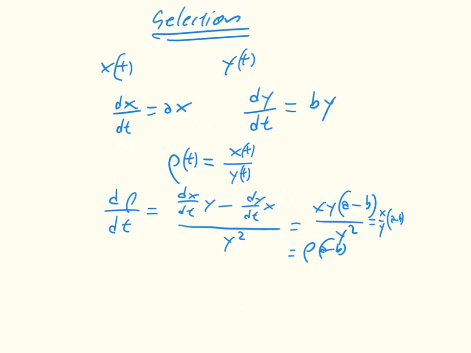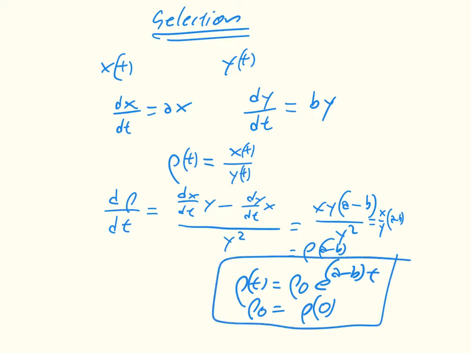And so now we have that rho of t is equal to rho naught e to the (a minus b)t, where rho naught is just rho at time t equals 0. And so now we have that this is an exponential curve that either increases or decreases.